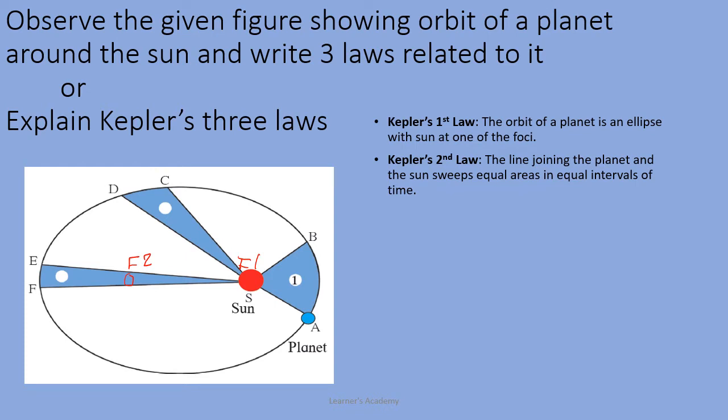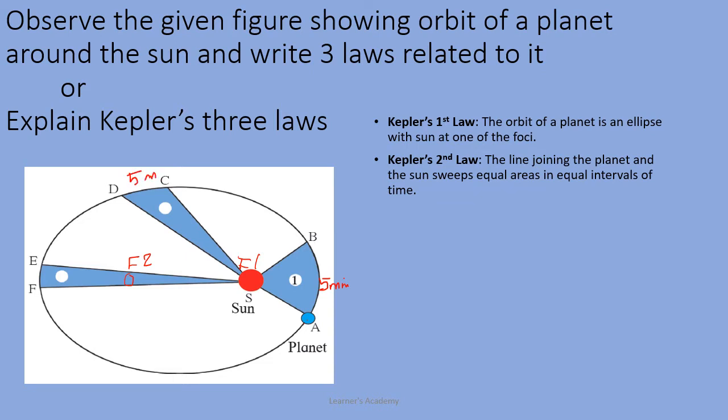This means that if this is a planet A, and the line joining the planet A and sun, and if it takes suppose 5 minutes from this position to this position, and from C to D also it takes 5 minutes.